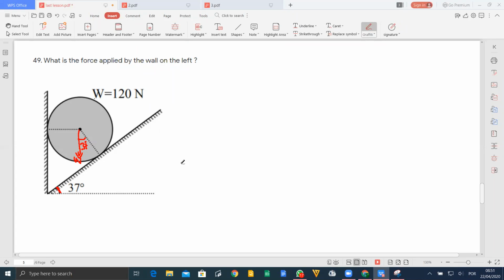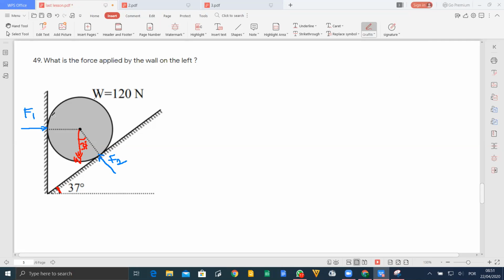Geometrically you can prove that, but I'm telling you guys in this question, this is 37. This is also 37. Anyway, there are two walls here, and each wall will apply a reaction force. The first one is this force, let's say F1, and another force is this F2.